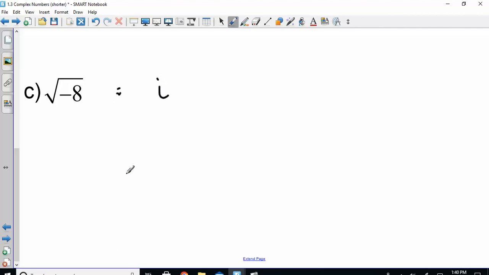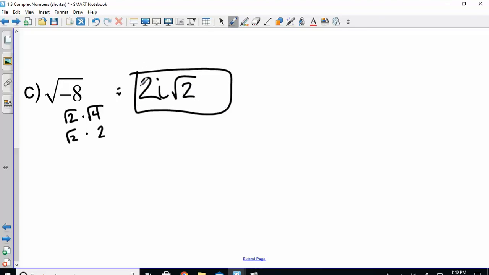So there's a negative, so you have to take out the i, and then remember breaking down your square roots. So you could break it into a 4 and a 2. Square root of 4 is 2. We still have that radical 2. So did you guys write it as like 2i radical 2? Yes. Okay. Trying to match the notation you're familiar with. So keep it consistent.